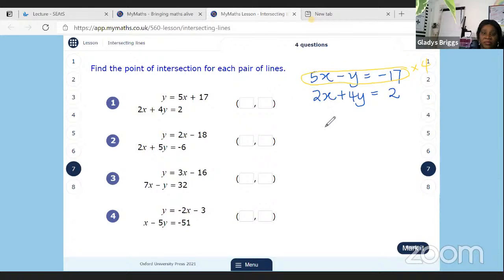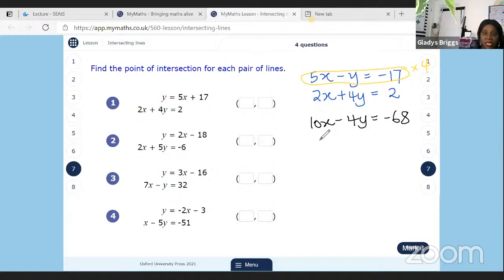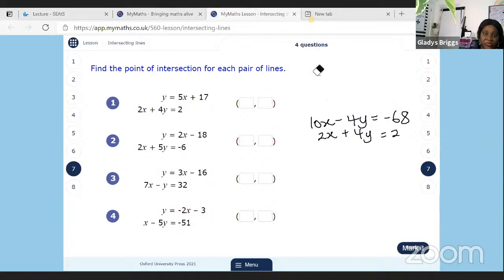Then that will give us 10x minus 4y is equal to, what is 17 times 4? 17 times 4, guys. 68. Well done. So negative 68. I'm gonna put that 2x plus 4y is equal to 2 down here. I'm going to take off these ones. Right, we've rewritten it.